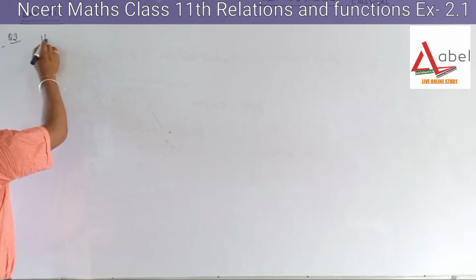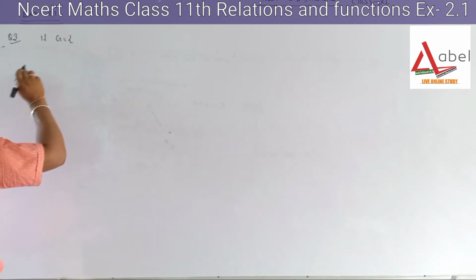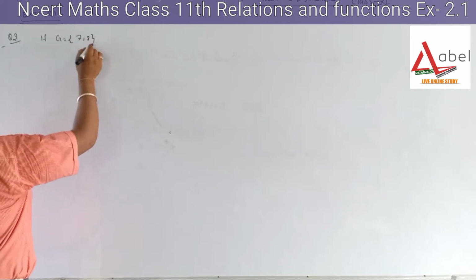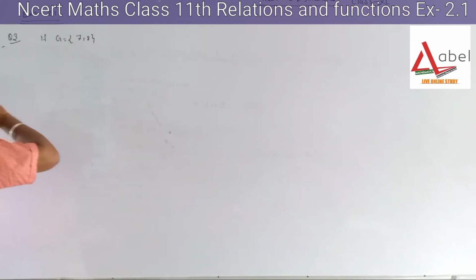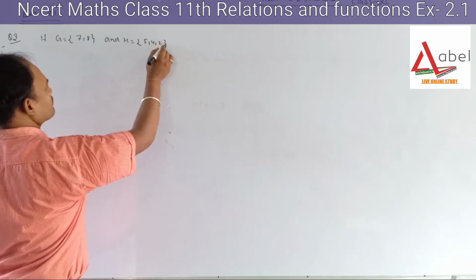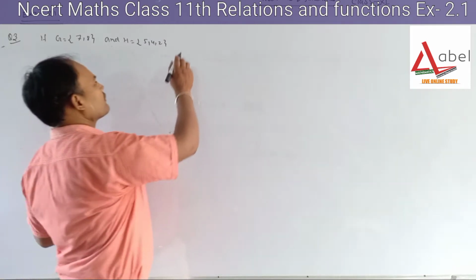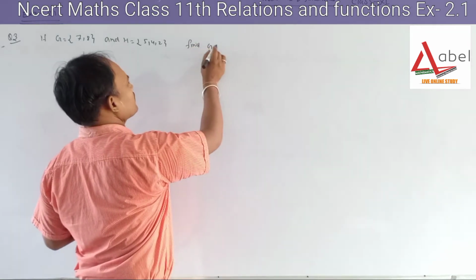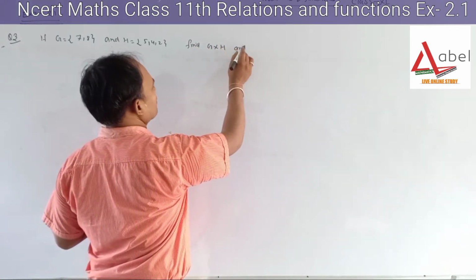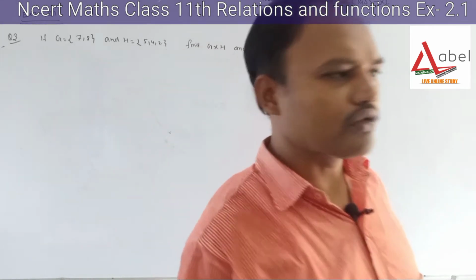Question number 3 is: if G equals {7, 8} and H equals {5, 4, 2}, find G cross H and H cross G. Okay, so students, this is a question and now we have to solve.